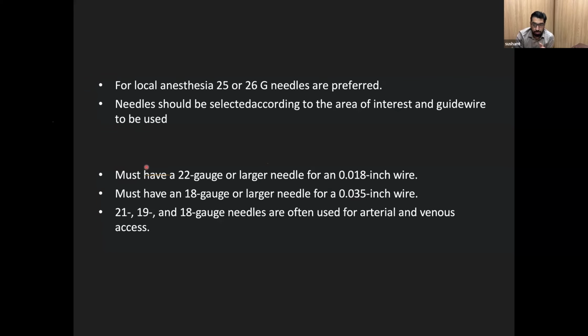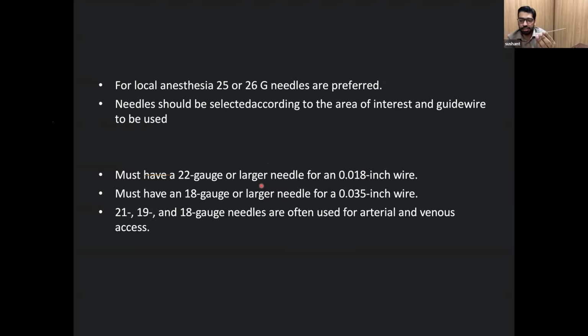And again, the compatibility and the area of interest is very important. A 22 gauge needle will accept a 0.018-inch wire, and an 18 gauge needle will accept a 0.035-inch wire. So why is this important? Again, we have shown you the Seldinger technique in which we were using the needles and the wires.